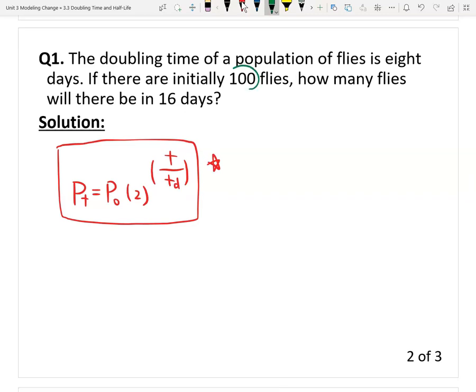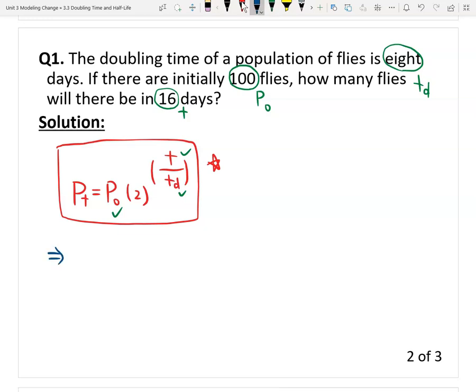First, 100 flies is the initial P0, right? What is t? We do know it is 16, that's t. What is TD? Doubling time. We do know it is 8 days, that's TD.